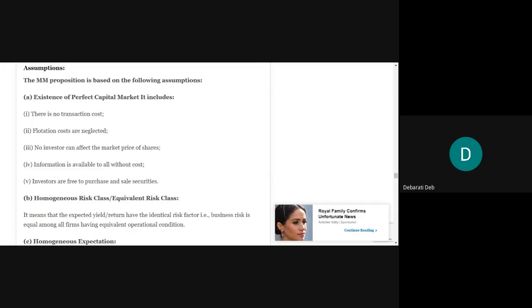Whatever charges are related to the flotation of the equity in the market, there are charges, right? Brokerage charges, then service charges, all these charges are there. But the approach completely ignores that, neglects that. They say there is no existence of those types of costs. Third point is no investor can affect the market price of shares.